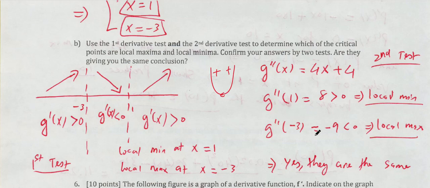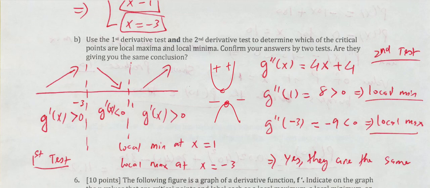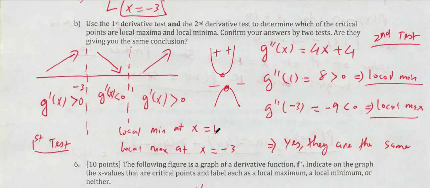And when I have minus 3, g double prime is negative, less than 0, that is the sad face, so we should get the local max here. And yes, the two locations are the same as with the first test. So 1 gives me local min, minus 3 gives me local max. They are consistent. So yes, they are the same thing.